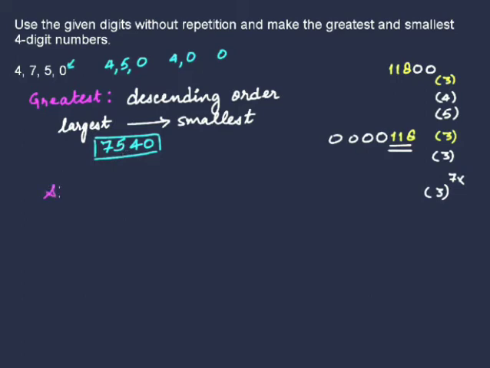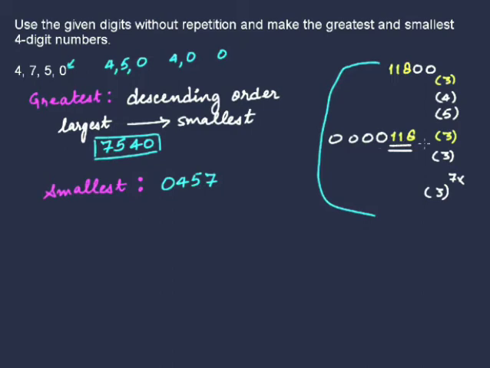As we saw in the previous question, if we reverse the greatest number, we'll get the smallest number, right? Like in this case, if I have to go with that concept, I can write 0, 4, 5 and 7, right? But as we discussed, adding 0 before any number doesn't change the value, but in this case it's not a 4-digit number now, it's a 3-digit number.